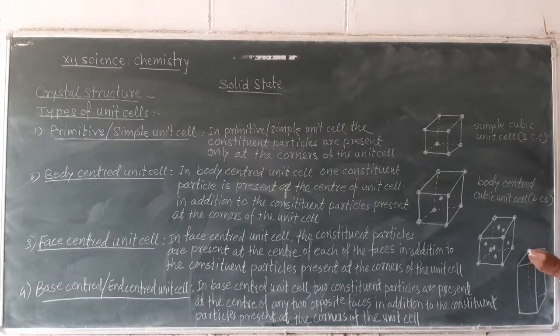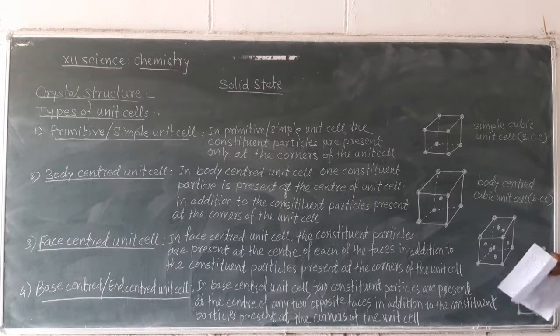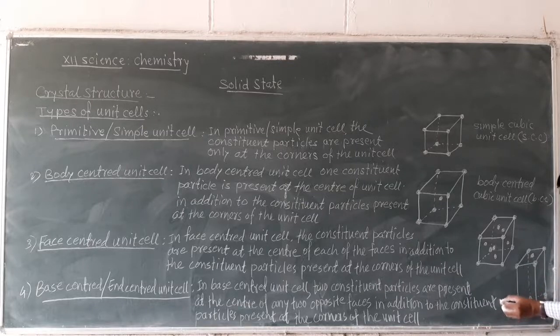These are corners or constituent particles at the corners of the unit cell. This is simple arrangement, but if you show particles at the center of any 2 opposite faces, it becomes end-centered, or this is monoclinic base-centered.